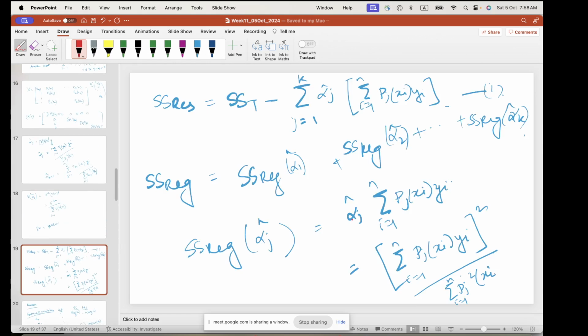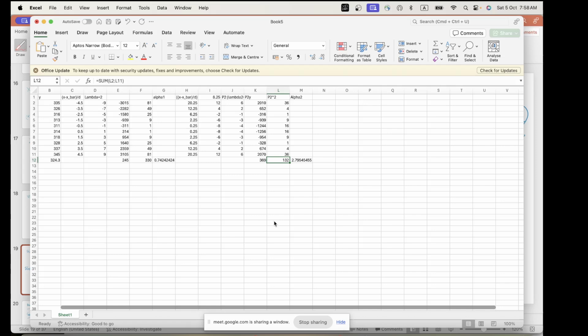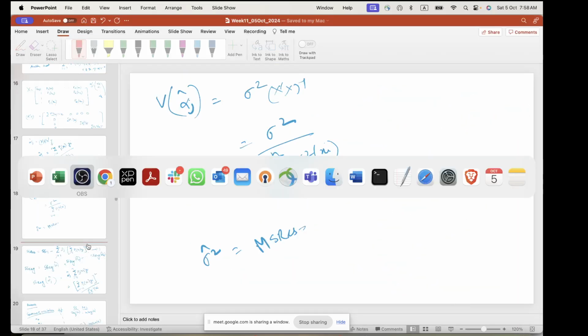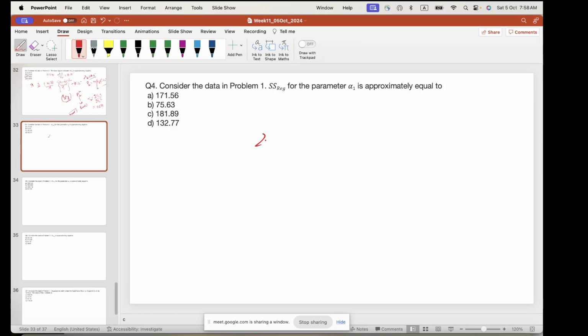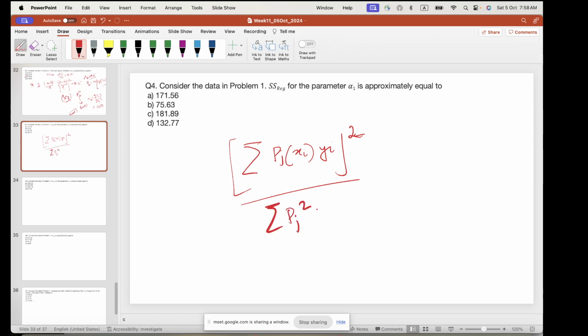It was summation pj xi yi whole square by summation pj square xi.